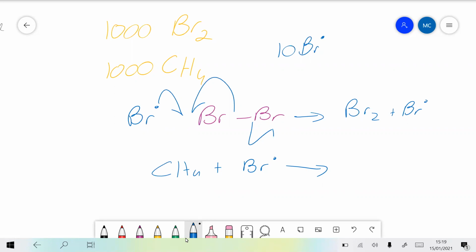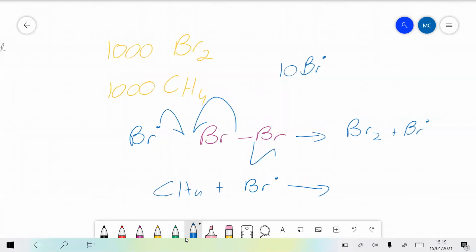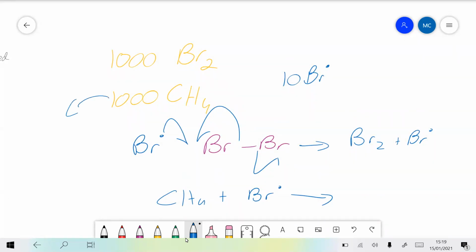It continues. Of course, in termination, we do write Br dot plus Br dot, because eventually these numbers will start dwindling down. Let's say you get to 100 CH4 and 100 Br2. At this point, the probability of two radicals meeting will increase drastically.